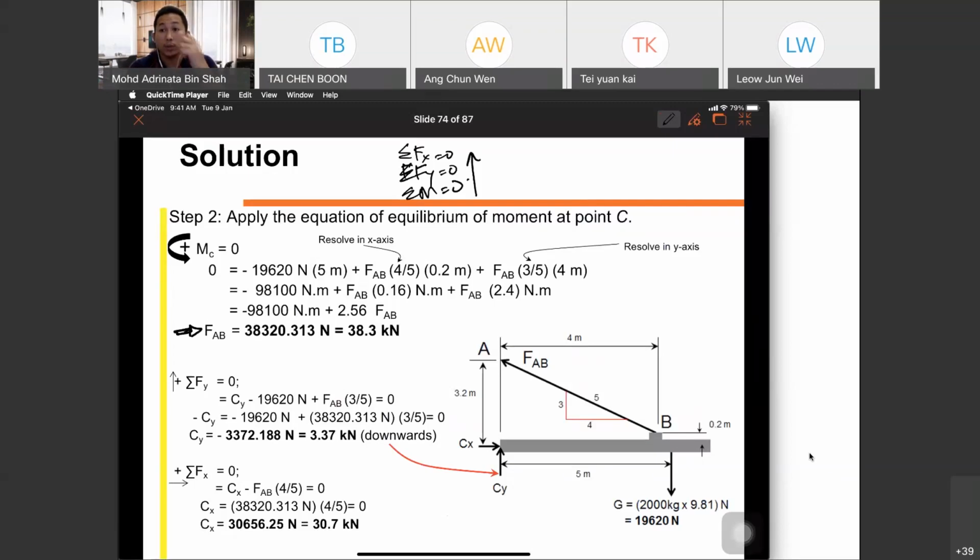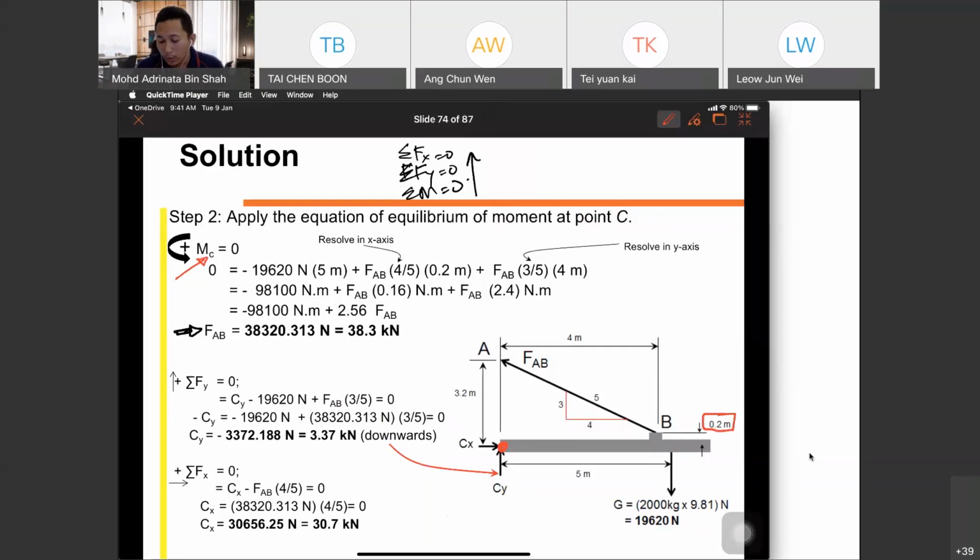And then you can use the unknowns, the values in the Y and also X. So our equation of equilibrium, moment is equal to 0 at C. So C here. Moment is equal to 0 at C. So Cx and Cy are absolute, and this one means you have your moment.